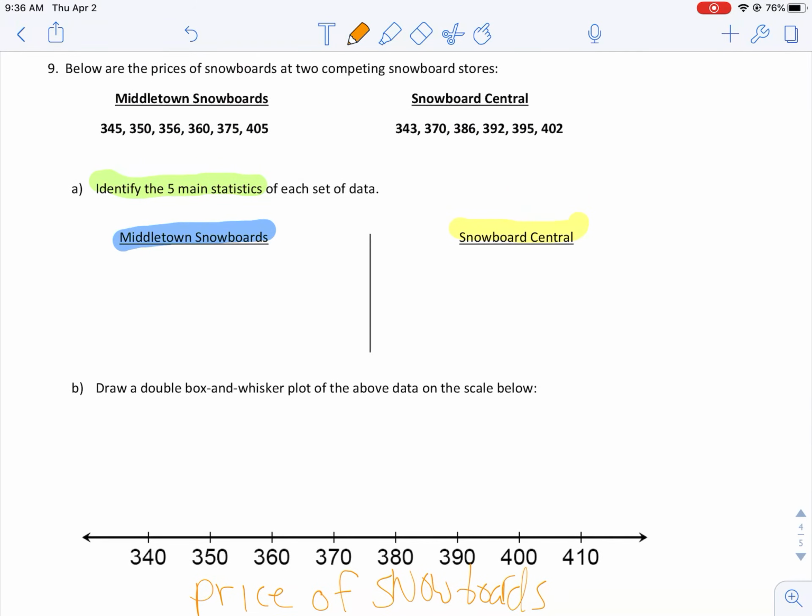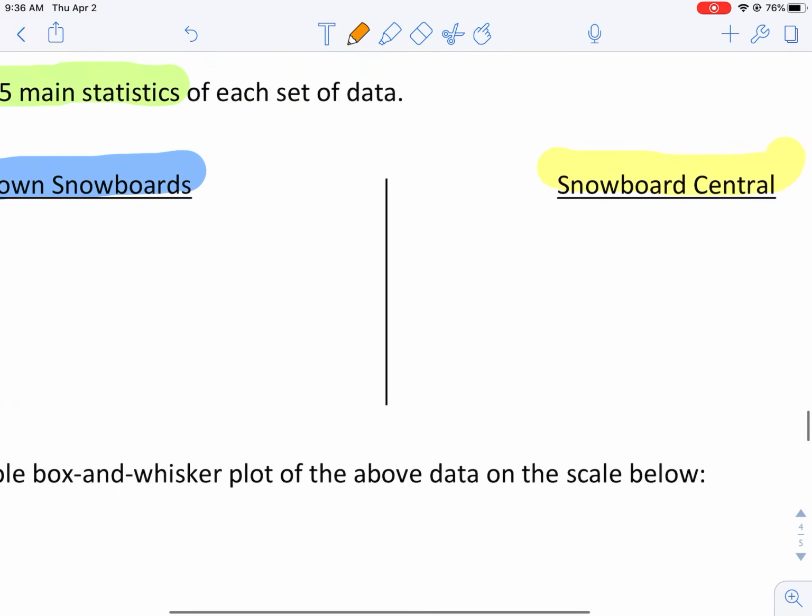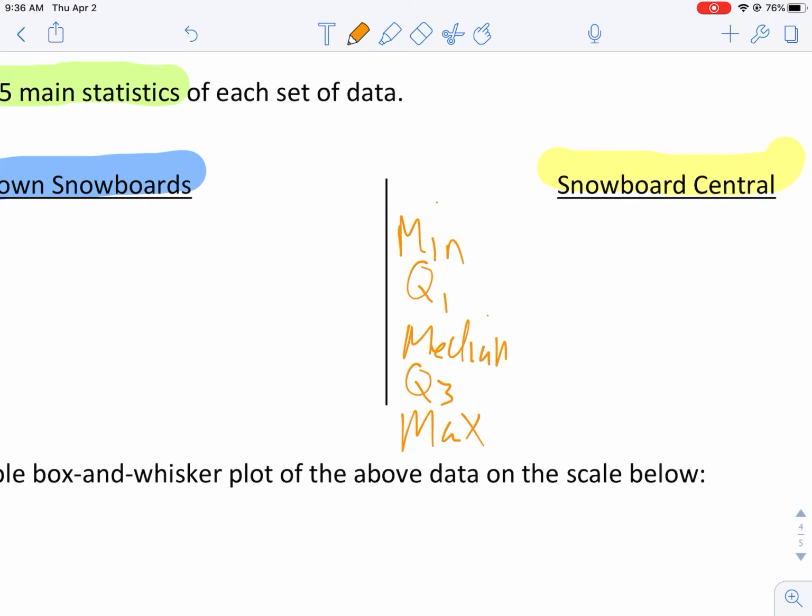All right, so now we have our min, Q1, or lower quartile if you want to say that, median, Q3, and our max. Okay? And then the same thing over here: your min, your Q1, your median, Q3, and max.